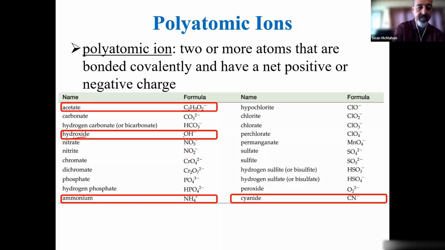Another one is the ammonium. Now, some of you may know that NH3 is ammonia. The difference between ammonia and ammonium is there's an extra hydrogen plus. There's an extra proton. So you can see there's an extra hydrogen, but there's a plus charge, right? So there's an extra H+. So because there's a +1 charge, it has the ion ending, just like lithium, sodium, potassium.